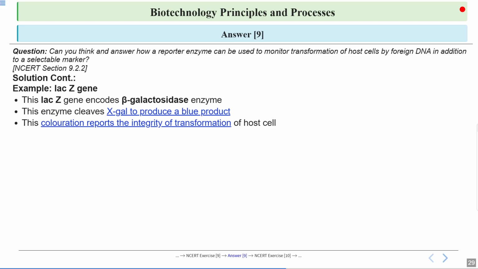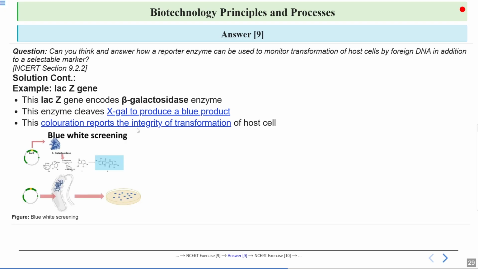And this coloration reports the success of the transformation of the host cell. So if the cell gets transformed, it turns to the blue color. And this coloration reports that this particular colony of bacterial cells has the transformed host cells, right?